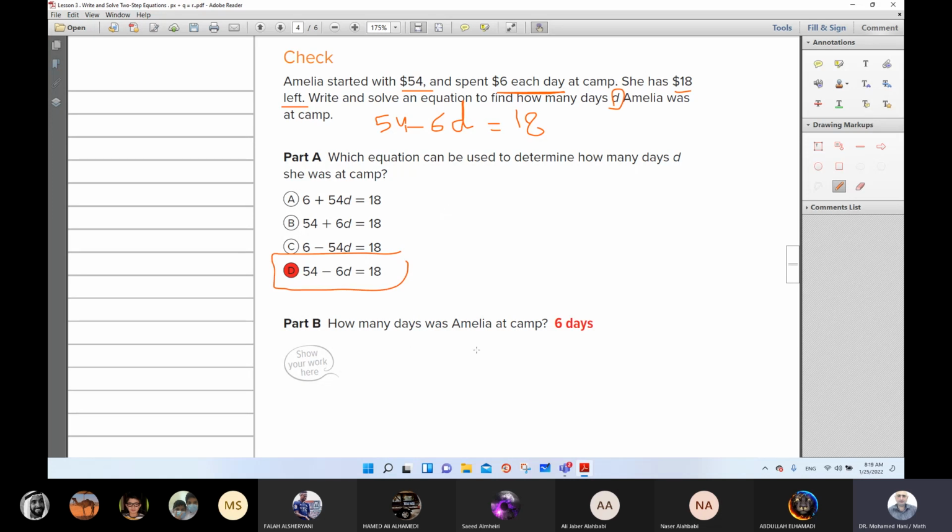Then, how many days was Emilia at camp? We want to solve this equation. 54 minus 6D equal 18. The first step, remove the constant here. So add the inverse, negative 54, to the two sides. 54 minus 54 will be 0, remains here minus 6D.